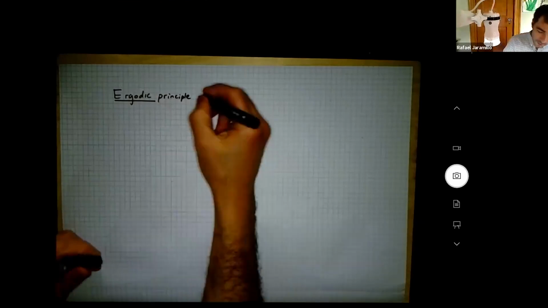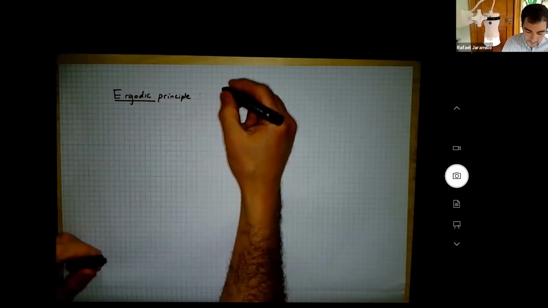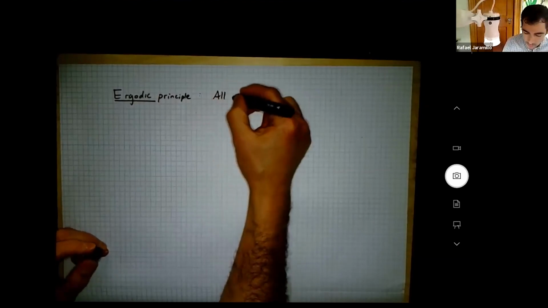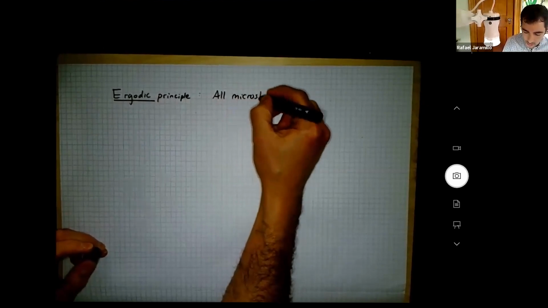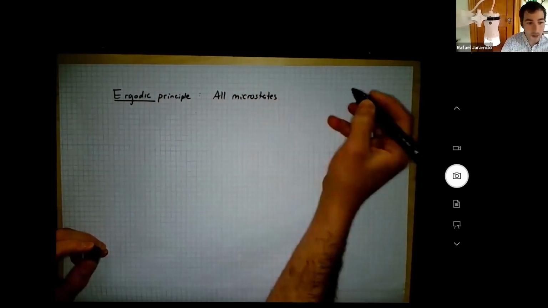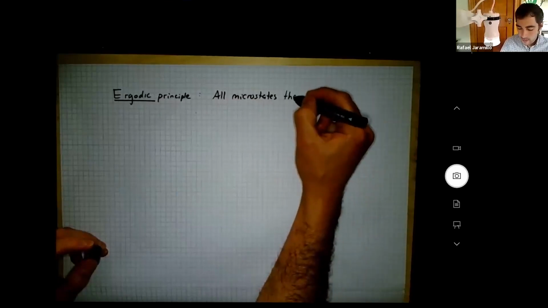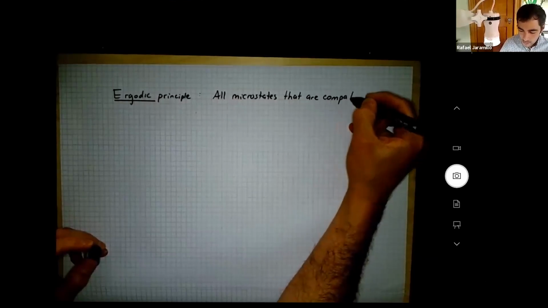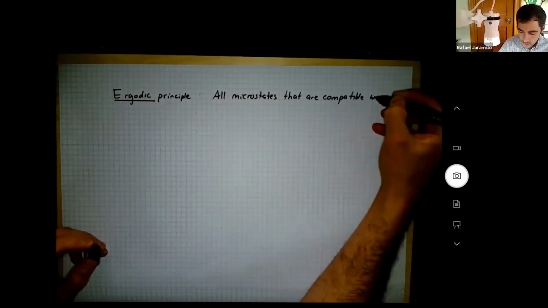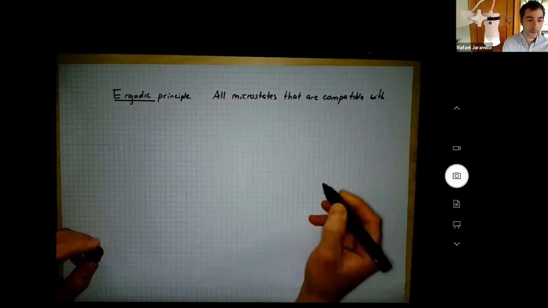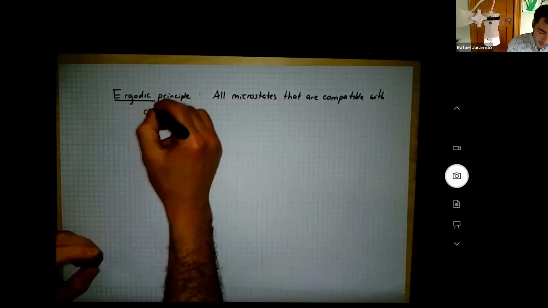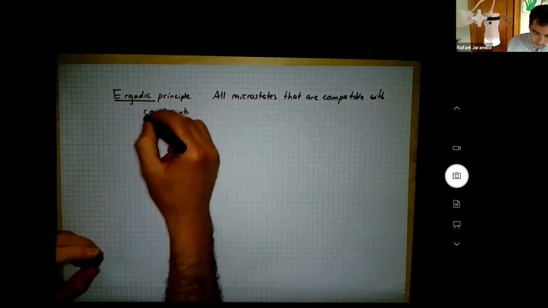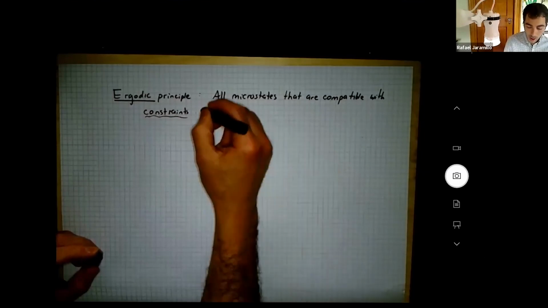The ergodic principle is the following. It's a hypothesis. It's not always true. Here's the hypothesis: all microstates that are compatible with constraints are equally likely.